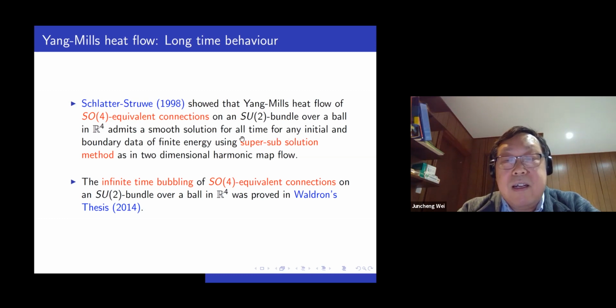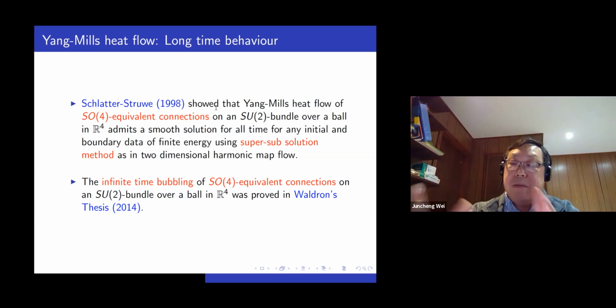So this is quite different from the Harmonic Map Flow, because for Harmonic Map Flow, if you consider the boundary value problem, Zhang and others showed that the solution may blow up in finite time.